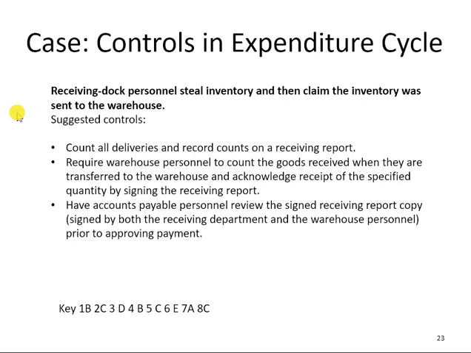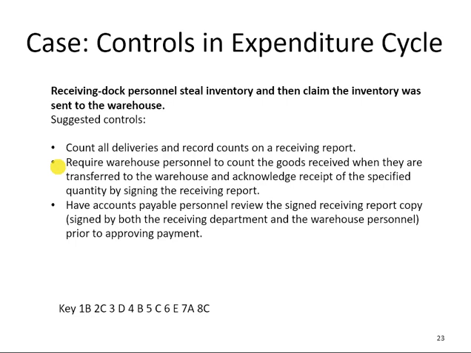So if the receiving dock personnel count 100, then the clerk is going to put 100 and sign a name. Then we're going to require warehouse personnel to count the goods again when they're transferred to the warehouse, and acknowledge receipt of the specified quantity by signing the receiving report.